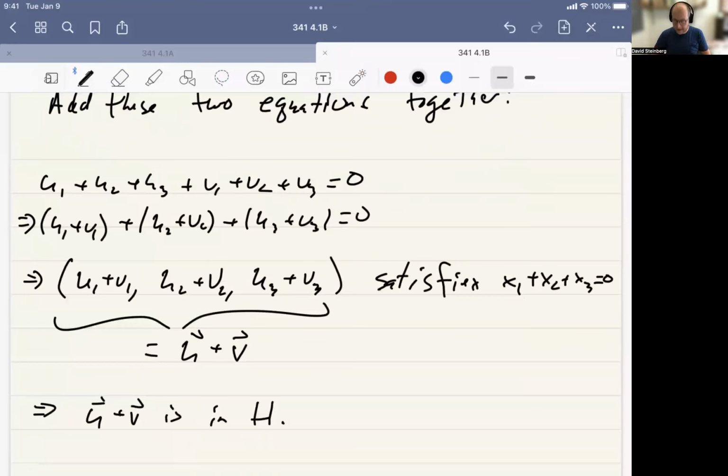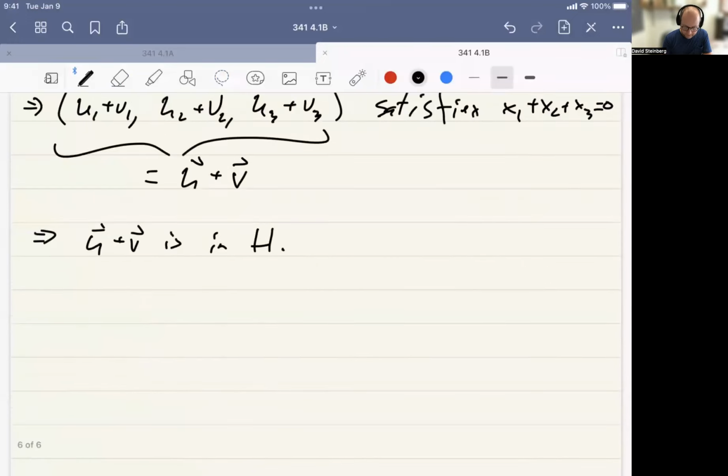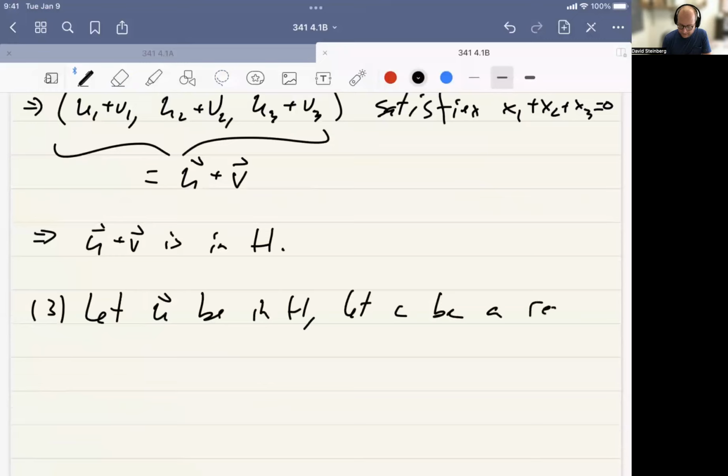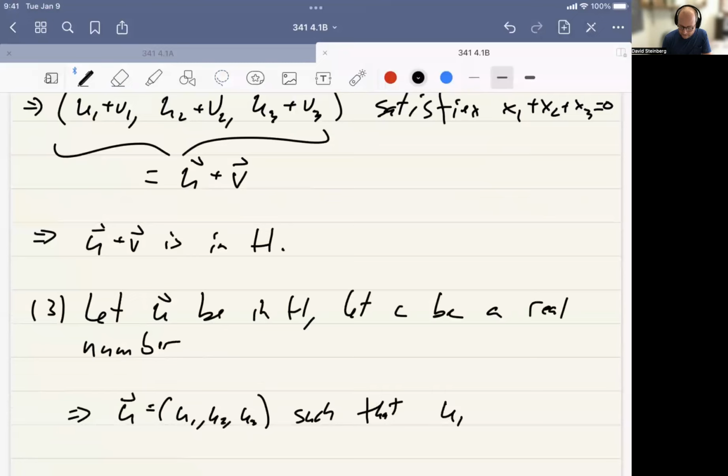So we've got that it contains 0. We've got that it's closed under addition. It remains to show that it's closed under scalar multiplication. So finally, let u be in H, and we'll let c be a real number. We know that if u is in H, u is equal to some u1, u2, u3 with the property that u1 plus u2 plus u3 is equal to 0.